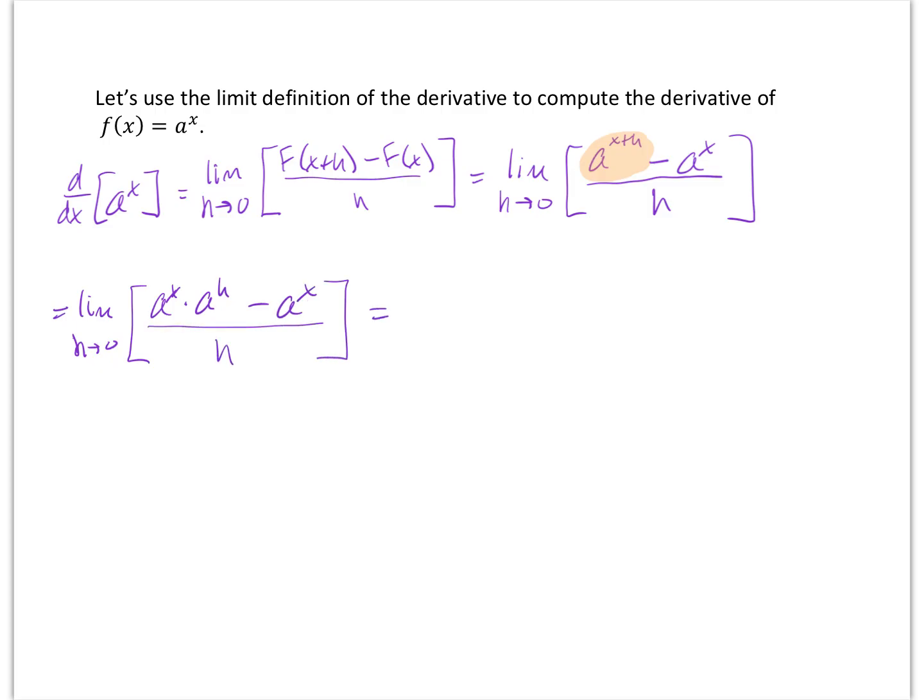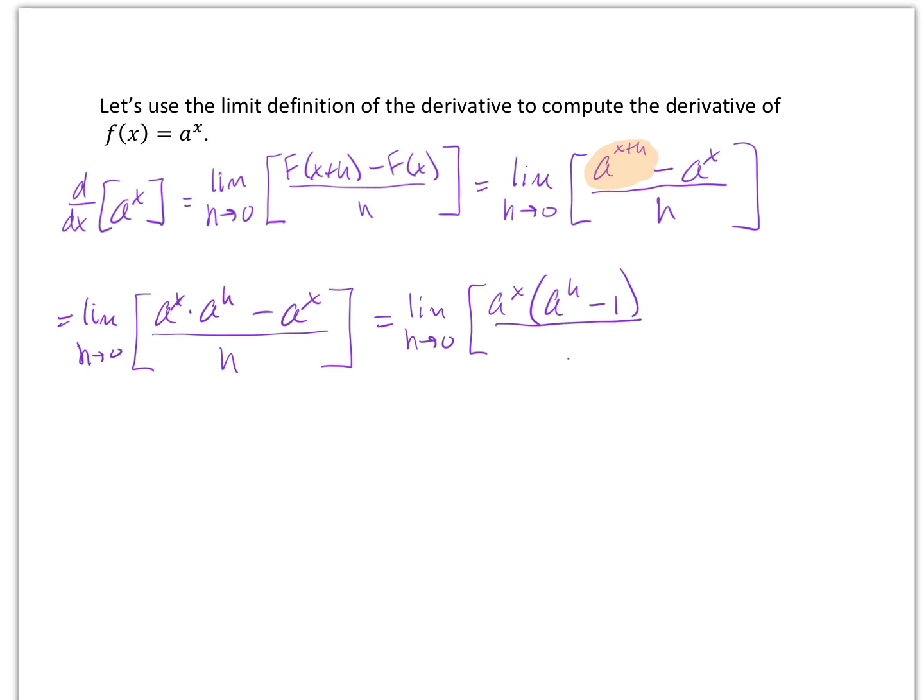And then I can factor out an a to the x from each term. I pull out the a to the x, and I'm left with a to the h minus 1 all over h. This factor, a to the x, has no h in it, so it is not affected by taking the limit as h goes to 0.